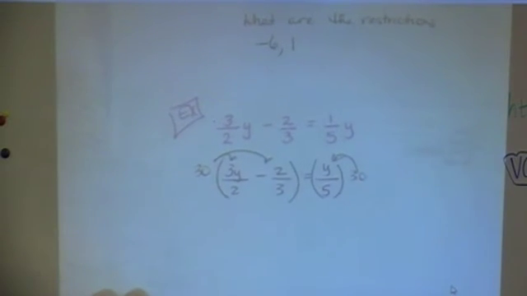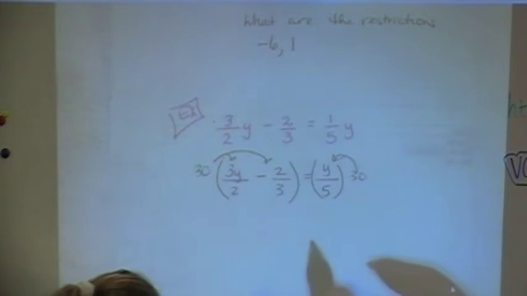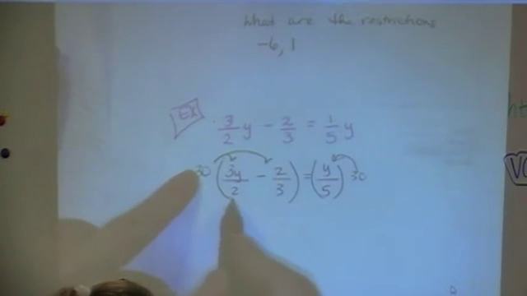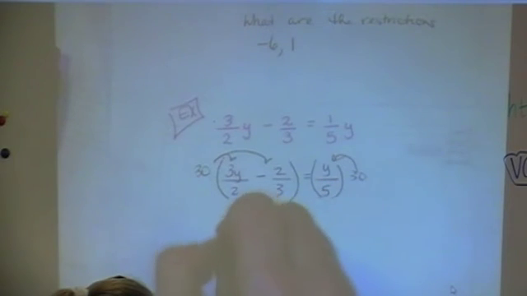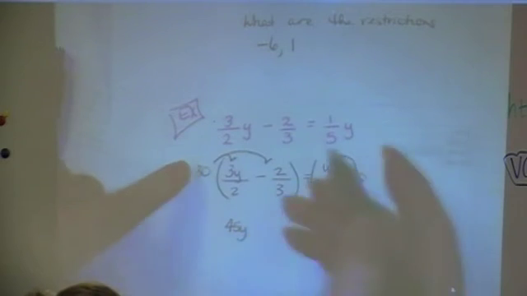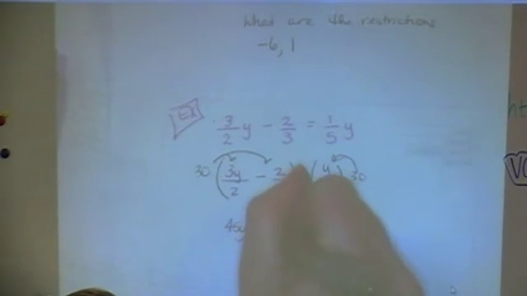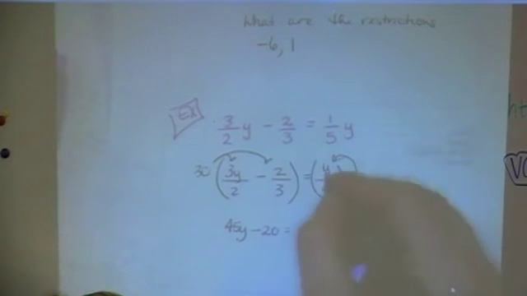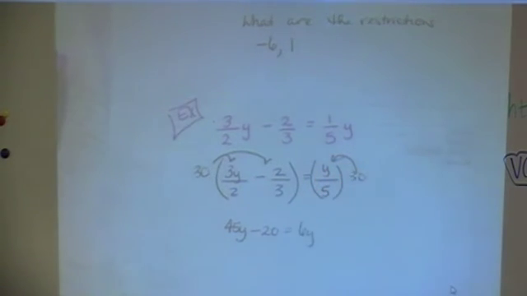The long way would be to multiply the tops and then divide, but I think it's easier to divide first. 30 divided by 2 is 15, 15 times 3 is 45. 30 divided by 3 is 10, 10 times 2 is 20. 30 divided by 5 is 6, 6 times y is 6y.